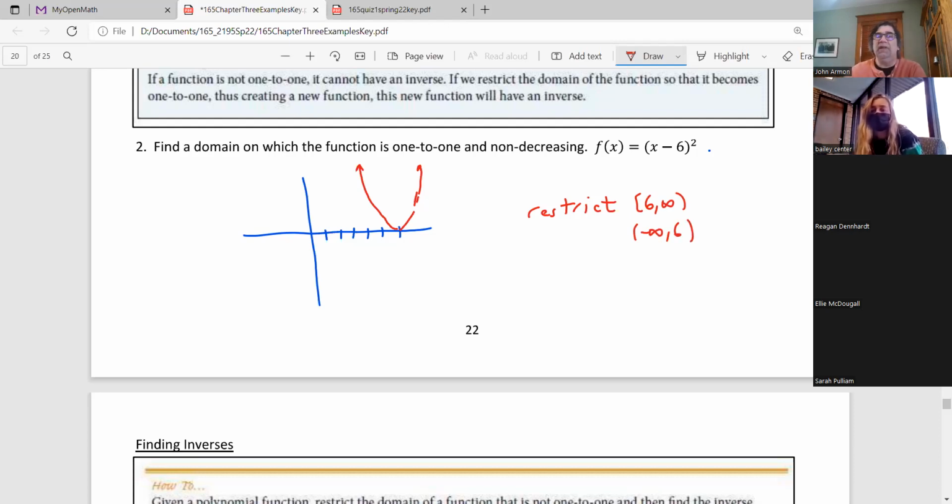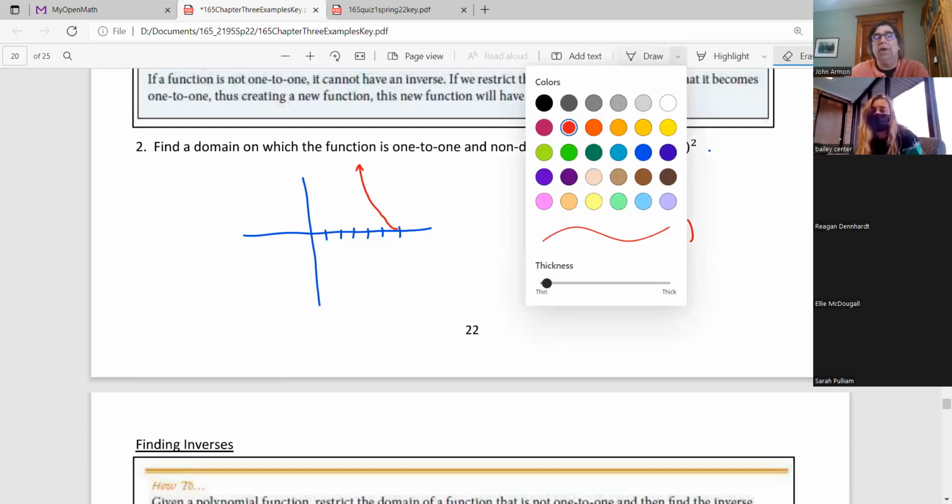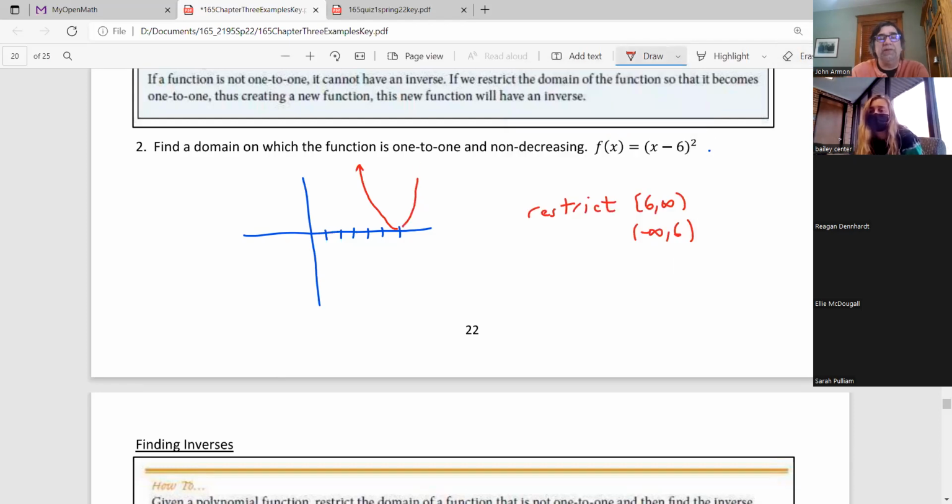Bigger than 6, less than 6. So if I erase half of the parabola, yes, that's a 1-to-1 function. So we can do the inverse. Or you might have a reason to restrict it so that you get rid of that part.